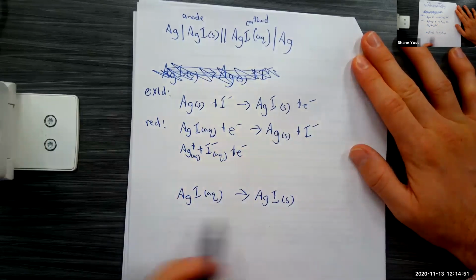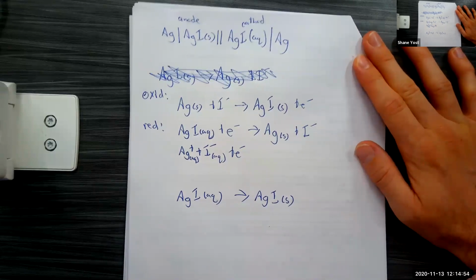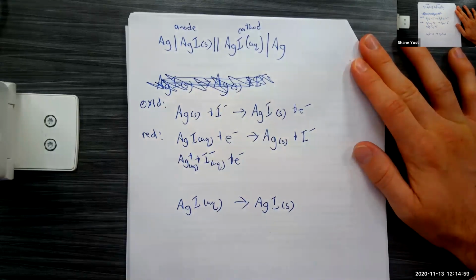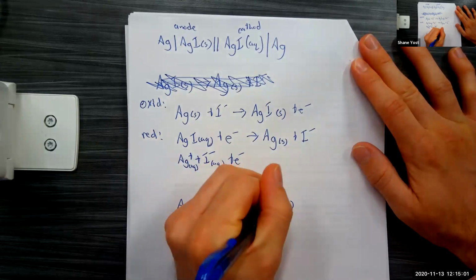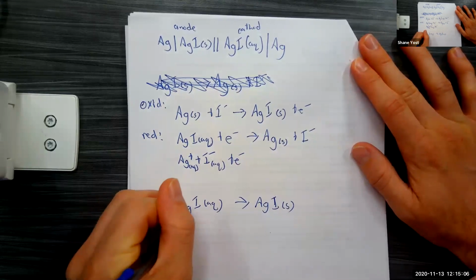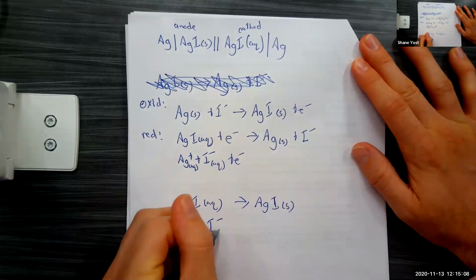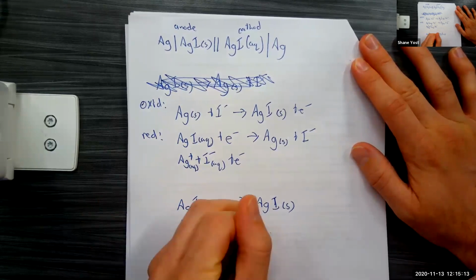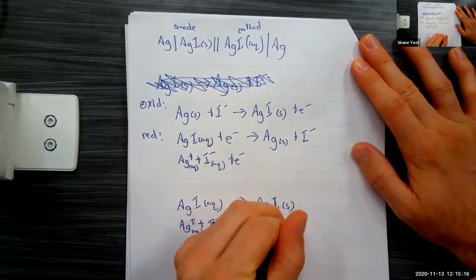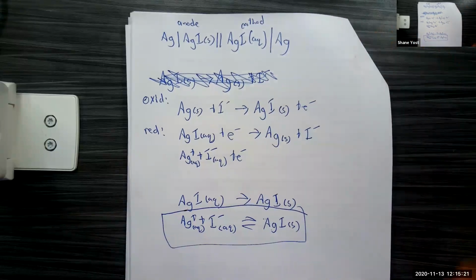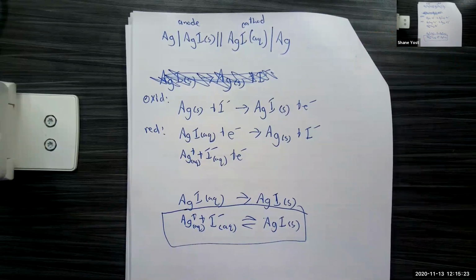So literally that is the net redox reaction for these coupled reduction and oxidation reactions, which again, AgI aqueous is Ag plus I minus, both aqueous. This is my net reaction in this electrochemical cell.